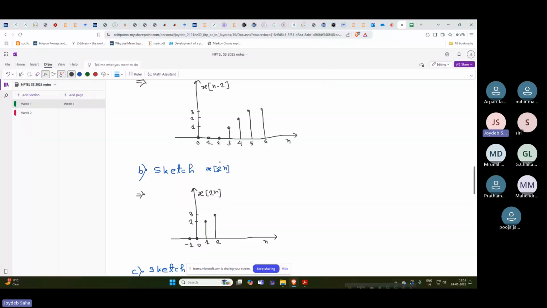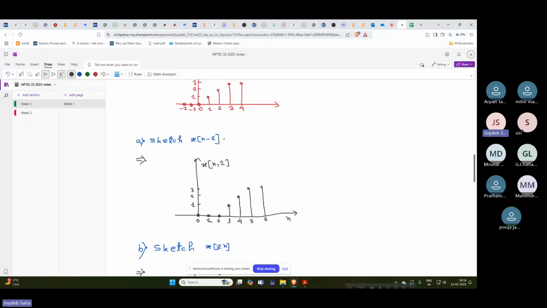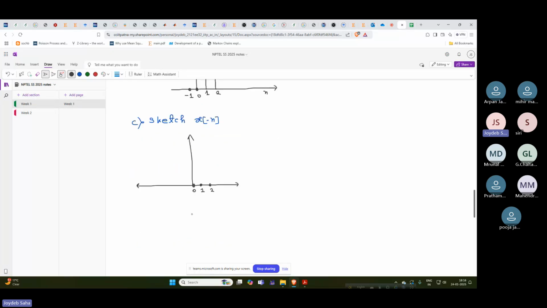Then 1, so it will be in minus 1. Minus 2, minus 3, minus 4.